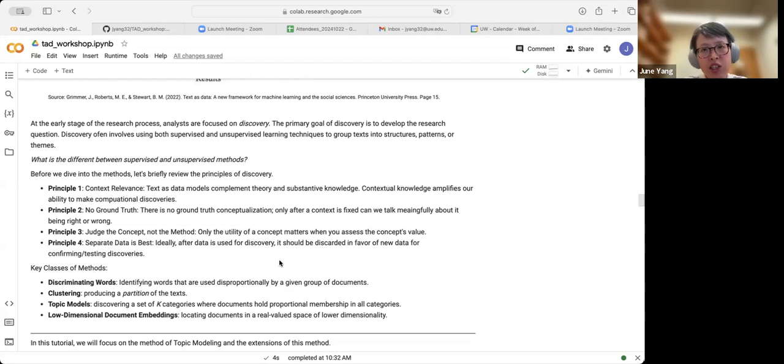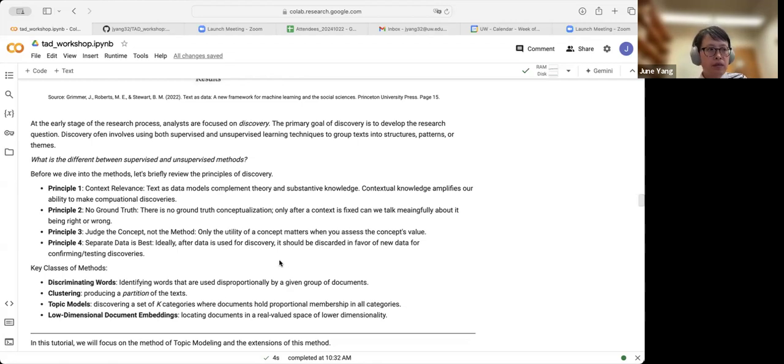To put it in a nutshell, supervised methods mean that we have a y variable to start off, so we can use this outcome variable together with a bunch of predictors to train a model. Unsupervised methods, on the other hand, don't have this outcome variable to start with.